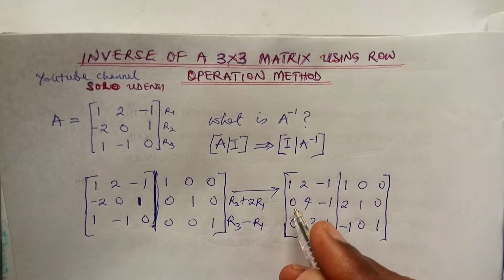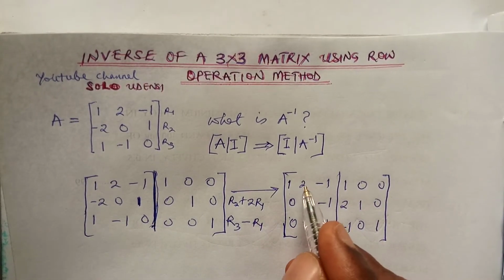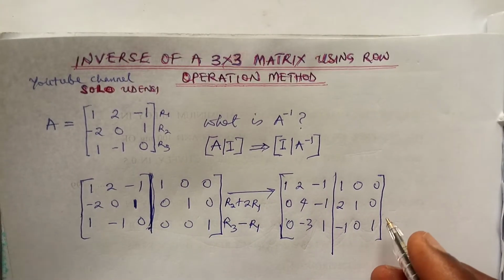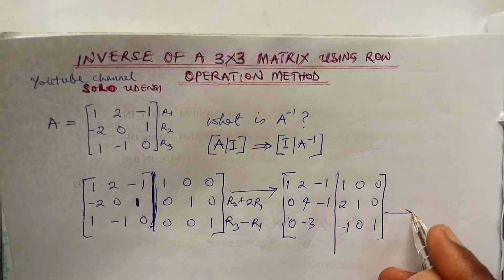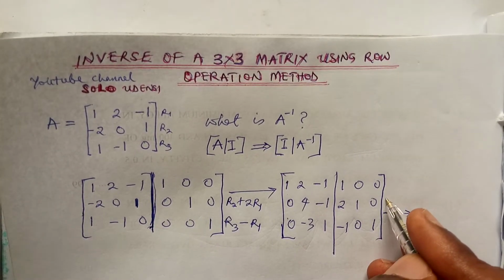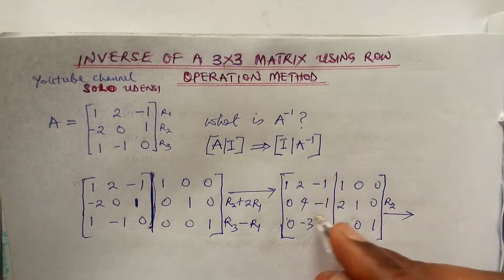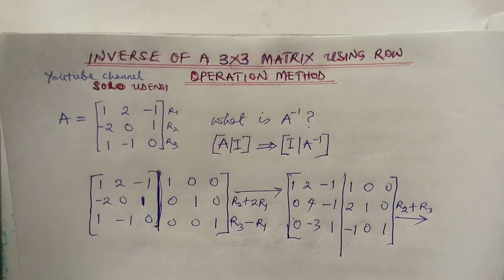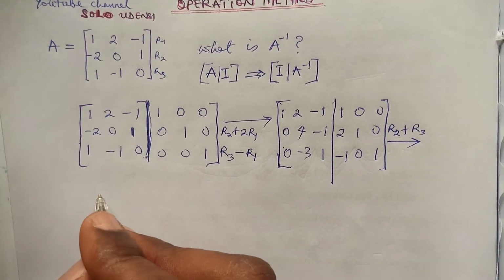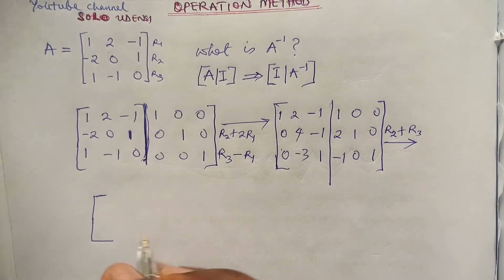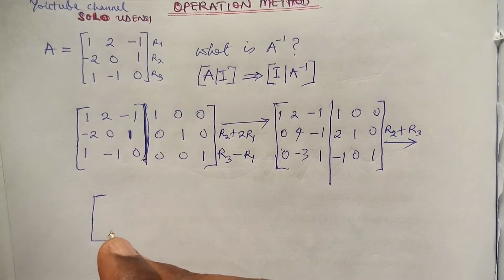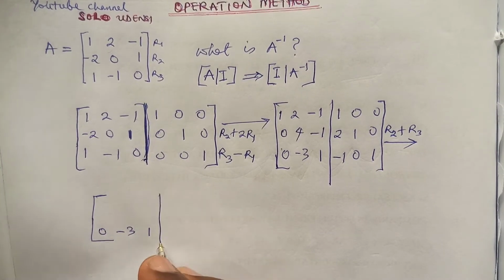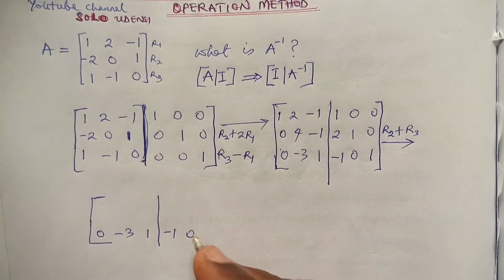What we need now is to make this 0, 0, 0 and this one 1, 1, 1. So we can do another one. We keep R2, this is now R2. Row 2 plus row 3. Row 3 is constant, so we write row 3 as 0, minus 3, 1, minus 1, 0, 1.